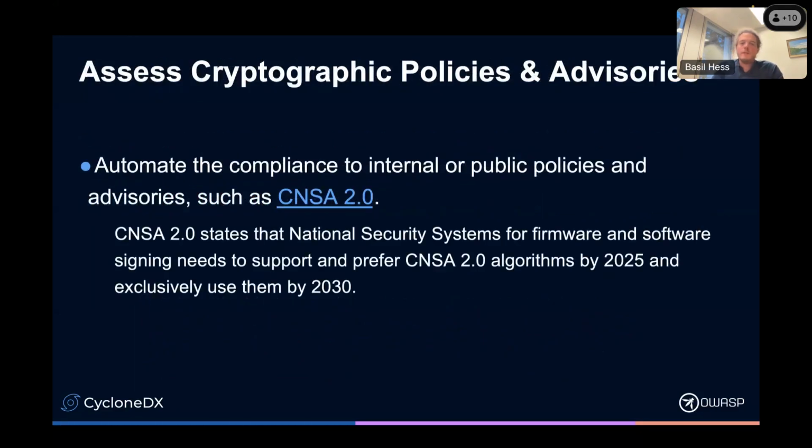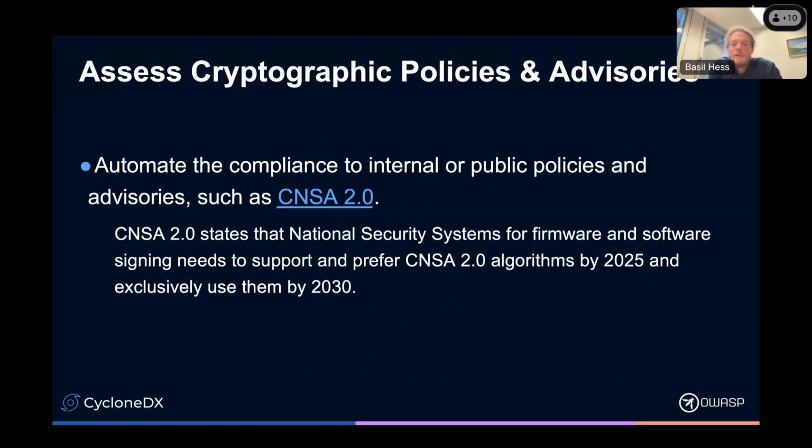The next use case we consider is what we call cryptographic policies and advisories. One example is the NSA last year published the CNSA 2.0 advisory, which on one hand defines a list of approved cryptographic algorithms that are quantum safe, and second, a timeline for when certain systems need to be migrated.